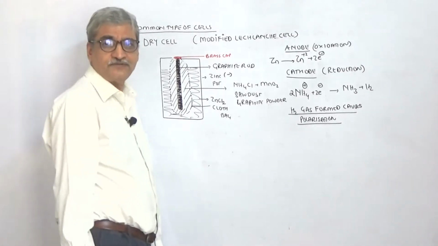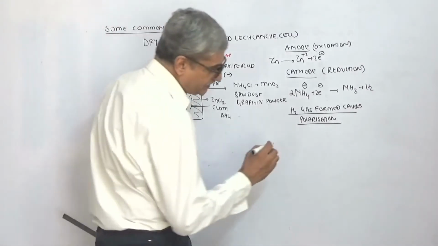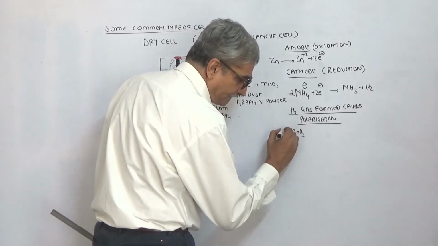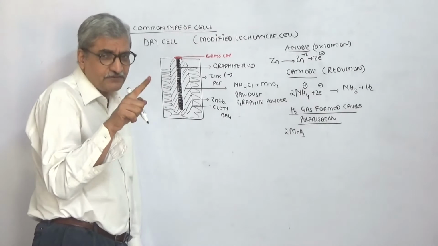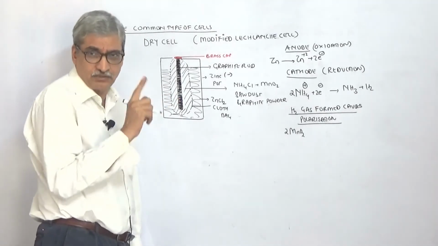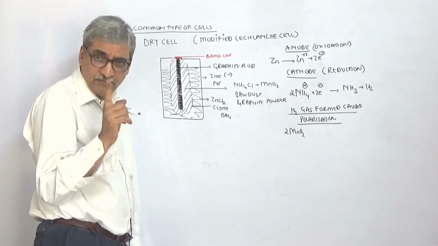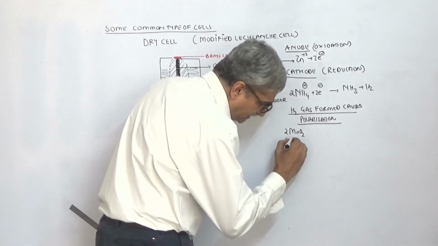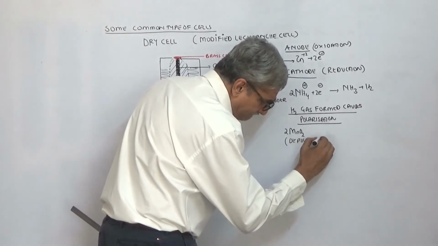In order to prevent the cell from stopping, we add manganese dioxide. This is your entrance exam question. I am talking about the normal dry cell; the alkaline battery will come next. In a normal dry cell, manganese dioxide acts as a depolarizer.